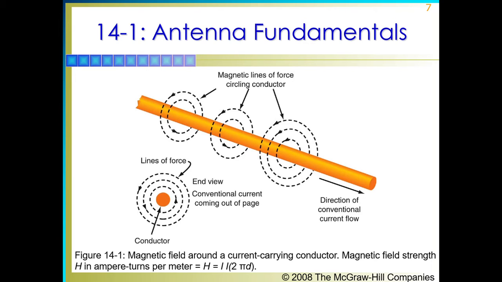This figure shows a magnetic field around a current-carrying conductor. Although the magnetic field is a continuous force field, for calculation and measurement purposes, it is represented as individual lines of force. This is how the magnetic field appears in most antennas.